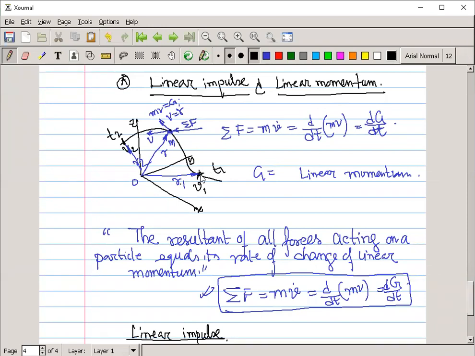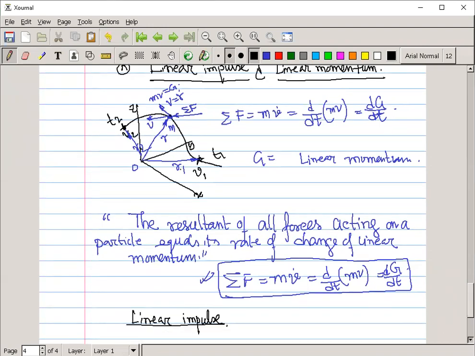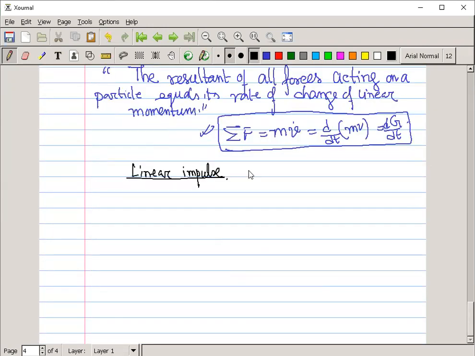Then the particle moves along this path and reaches this position when the time is t2, and the position vector is r2. If this is the situation, where for a specific period of time we apply all the forces, then the linear impulse and linear momentum principle will be the integration from t1 to t2, as you have seen in this picture, t1 to t2.